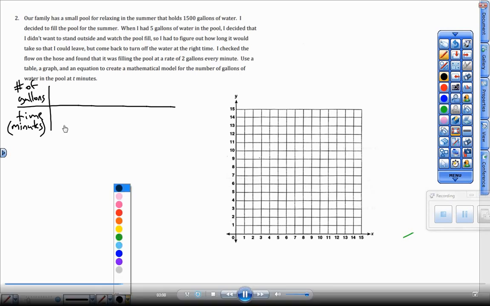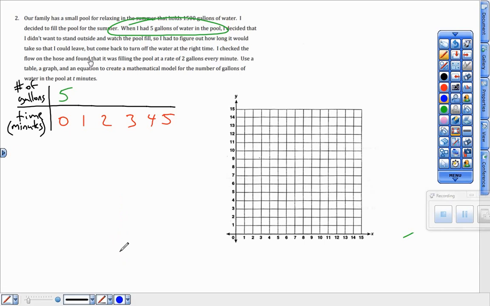So in time, we're going to go 0, 1, 2, 3, 4, 5. The 0 term, she starts with 5 gallons. That's going to be my 0 term. So 5 right here.